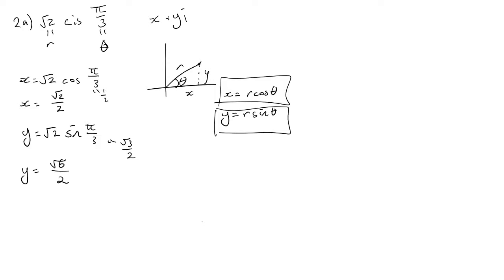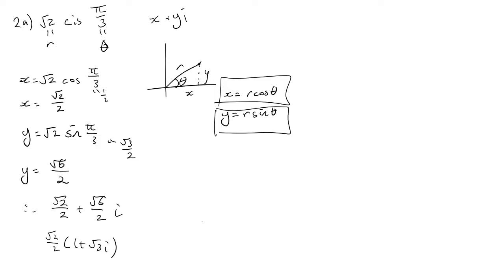And therefore, our Cartesian form is square root of 2 on 2 plus square root of 6 on 2 i. Now if you want to, you can factorize this into square root of 2 on 2, 1 plus square root of 3 i. Oh no, i goes inside the bracket, like that.